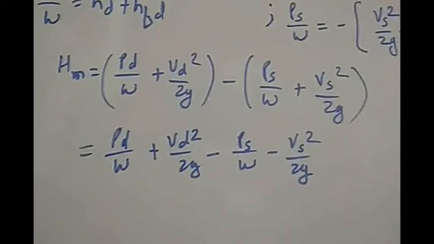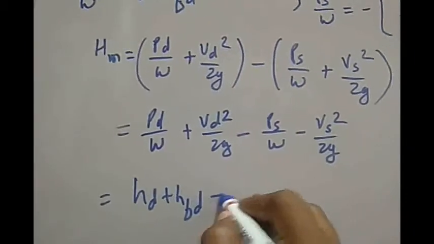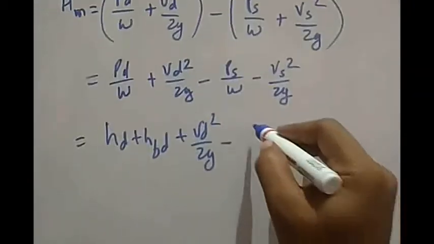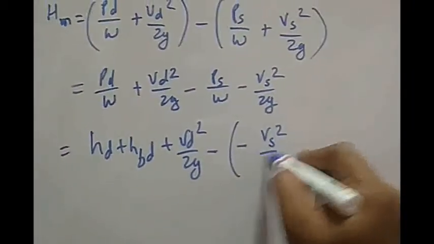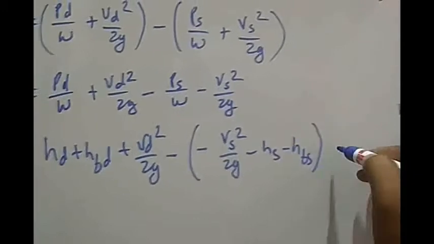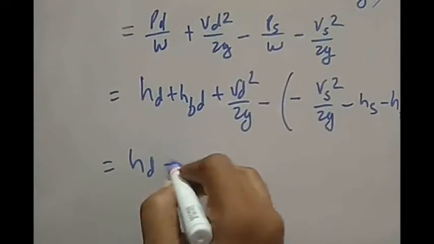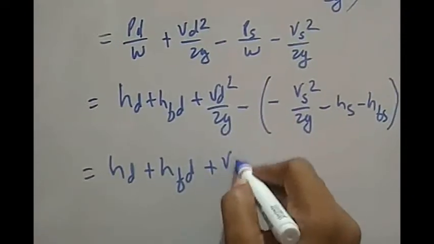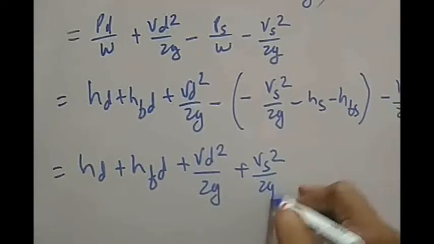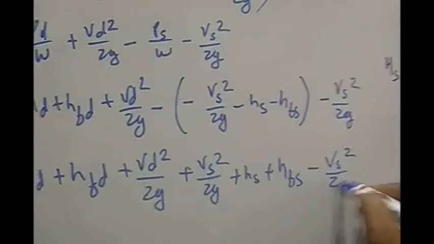I'll put the values of Pd by W and Ps by W in this equation. Opening the bracket, Hd plus Hfd plus Vd square by 2g plus Vs square by 2g plus Hs plus Hfs minus Vs square by 2g.